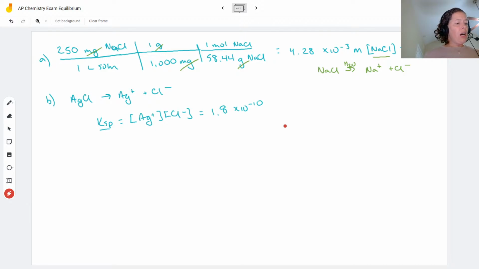So I think maybe I didn't want to start with that. All right, so let's go with the silver. So our silver is equal to what is going on, because we know what the KSP is. We want to figure out if it's going to precipitate or not. So let's work with our silver.